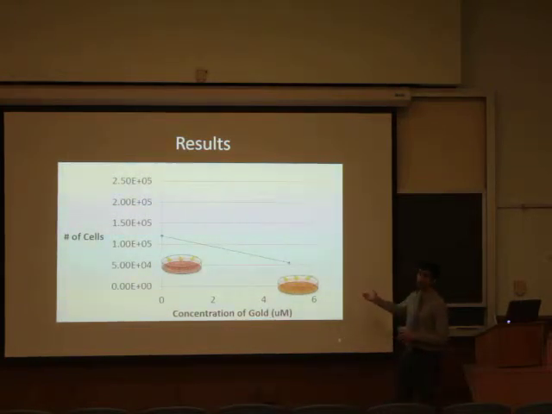Clearly, we see a decrease in the number of live cells when we had gold with the radiation. You might think, okay, great, now we got radiosensitization. But this isn't necessarily the case, because who's to say that the decrease in the number of cells isn't due to the toxicity of the gold itself?